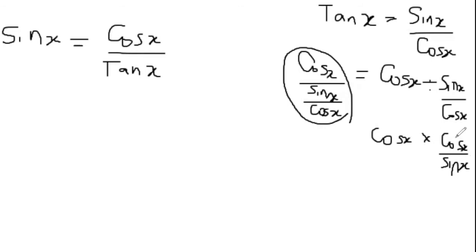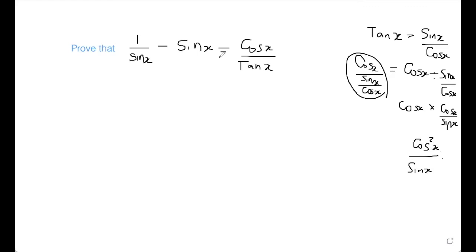Now cos x times cos x is equal to cos square x. So I have cos square x all over sin x, and that's what this is the same as. So cos x over tan x is the same thing as this.